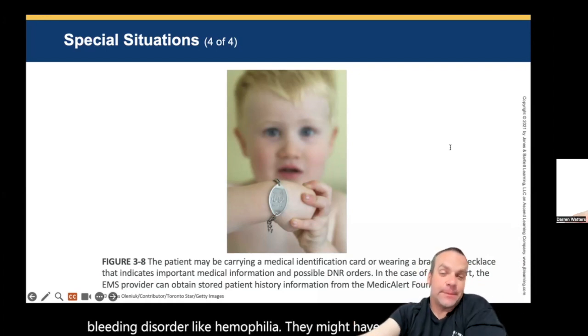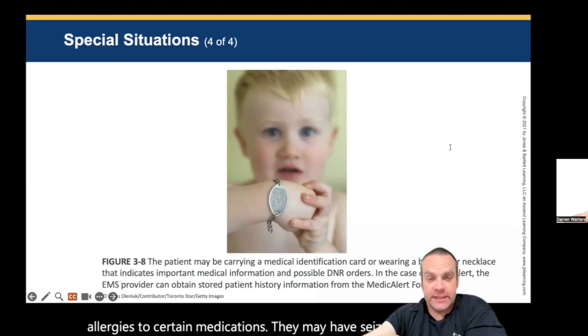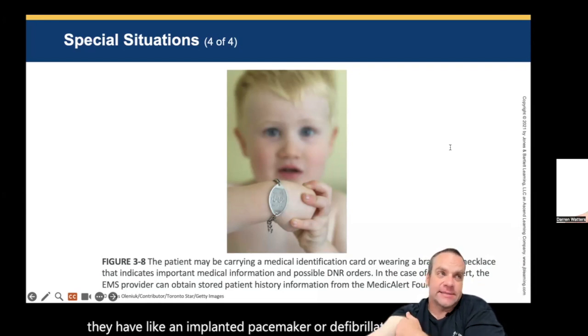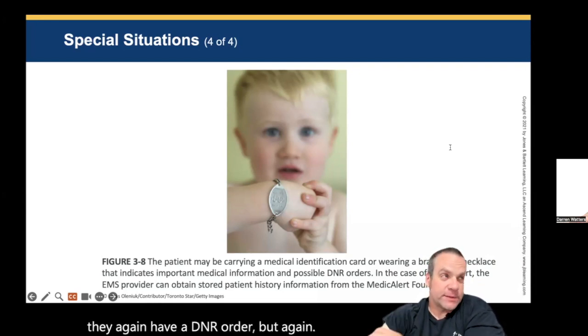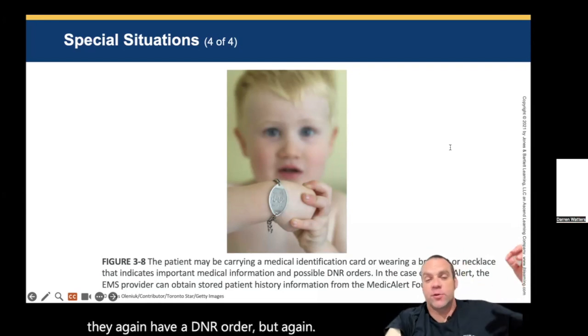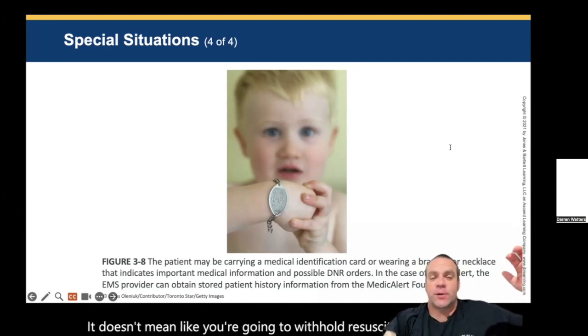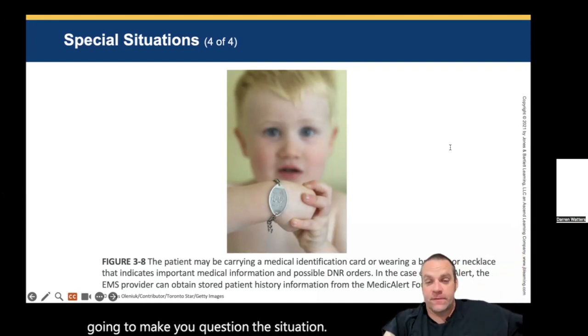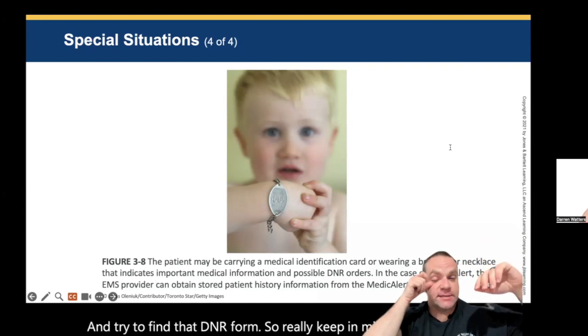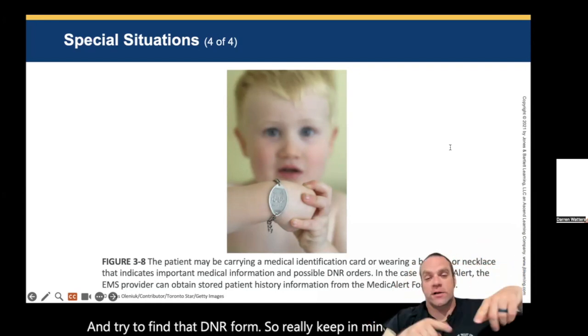Maybe they have an implanted pacemaker or defibrillator. Maybe they have a DNR order. That doesn't mean you're going to withhold resuscitation, but it's going to make you question the situation and try to find that DNR form. Also, some of the newer bracelets have QR codes now.